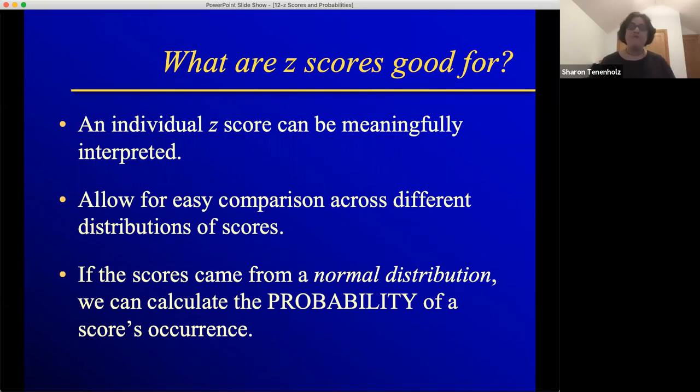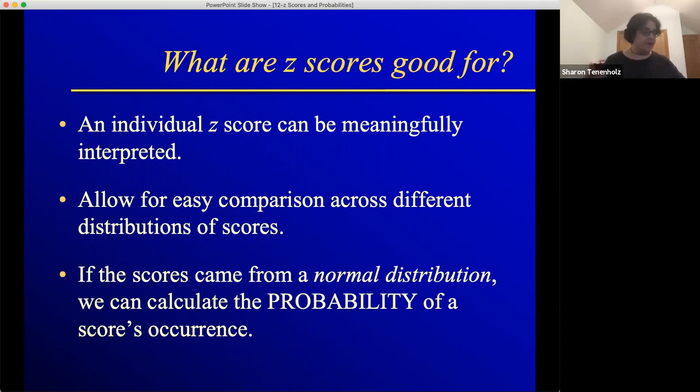If you recall from that pre-lecture, I finished it off showing you a frequency distribution of scores and how we could figure out where a score fell within that distribution and calculate a percentile rank. What percentage of scores fell at or below that score? Z-scores can be used to do that same thing if the scores came from a normal distribution.